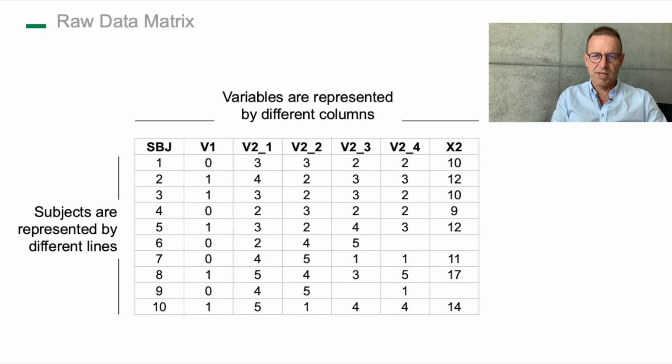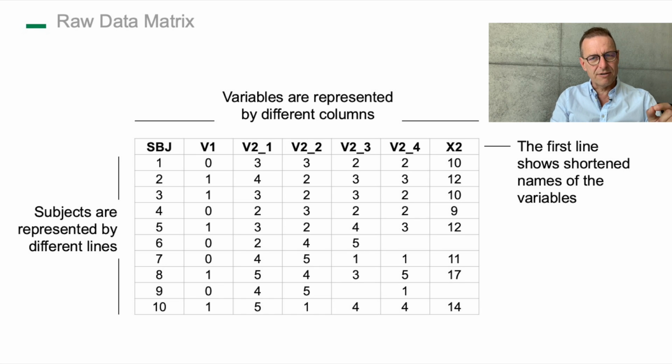And there is one thing more. The first line in your matrix is not a heading or an explanation or whatever. Leave this all out. Your first line in your raw data matrix is the short names of your variables.